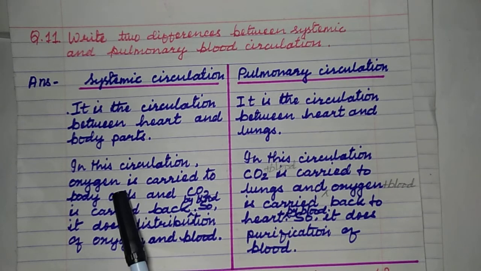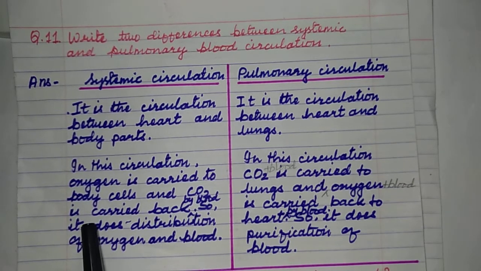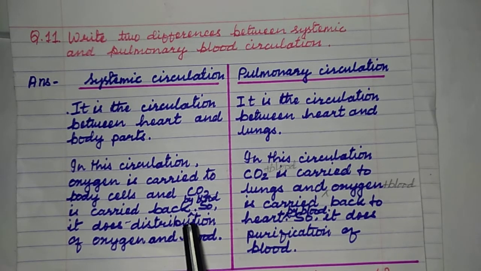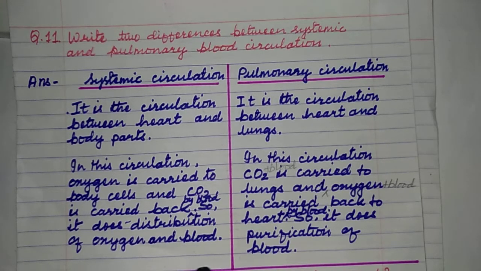Systemic circulation, in this circulation, oxygen is carried to body cells and carbon dioxide is carried back by blood. So it does distribution of oxygen, nutrients to the body parts and carrying back carbon dioxide and waste materials. So this is for distribution.